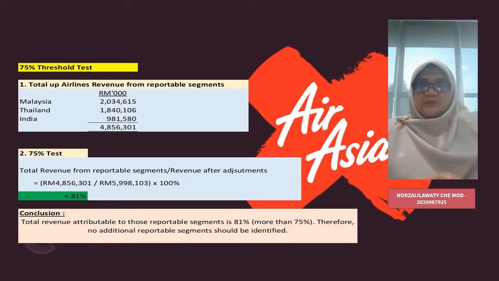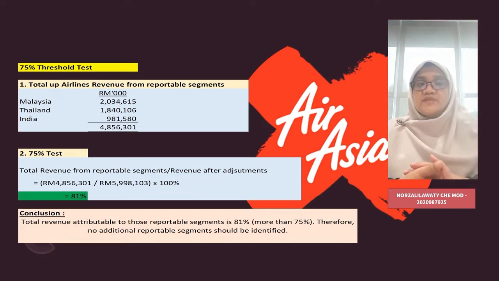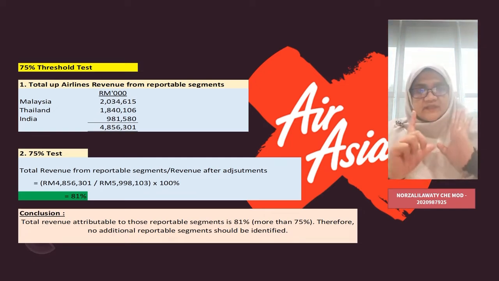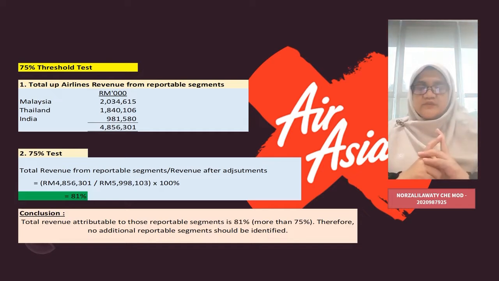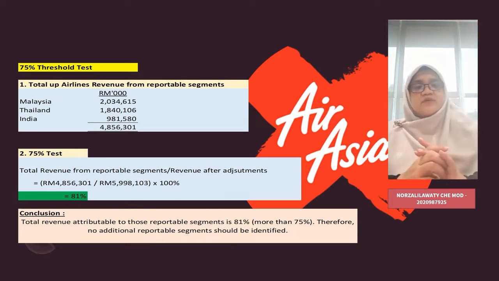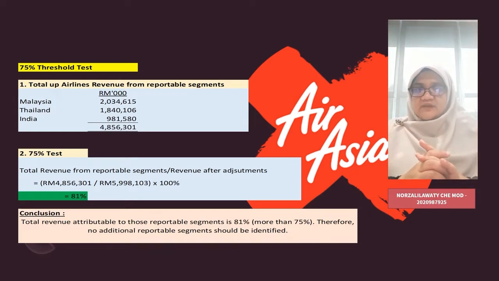After determining the reportable segments, we must show that the total revenue for those reportable segments is at least 70% of the company's total revenue. If it does not meet 70%, additional reportable segments should be identified. First of all, calculate all the reportable revenue and divide it by total revenue.